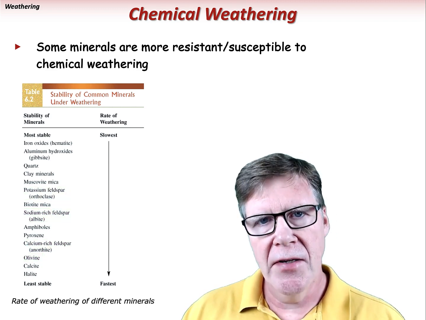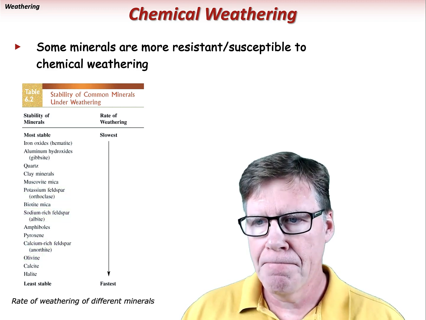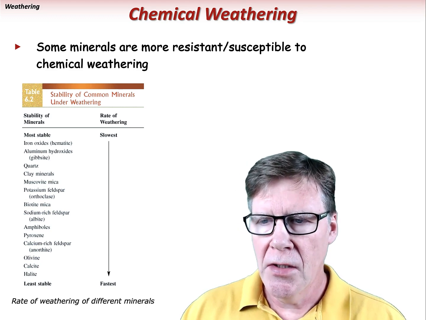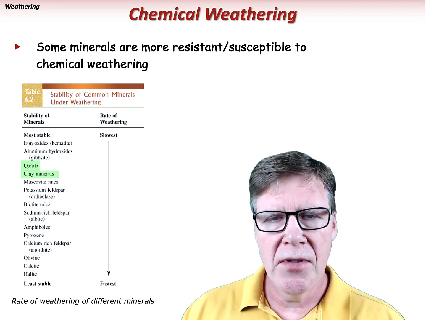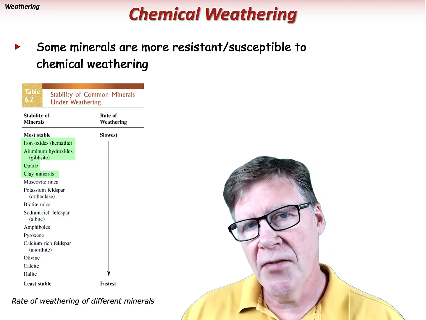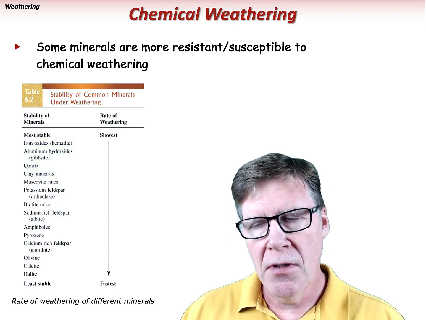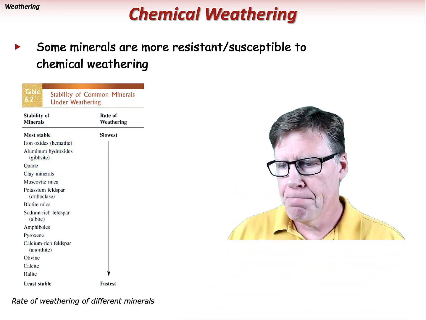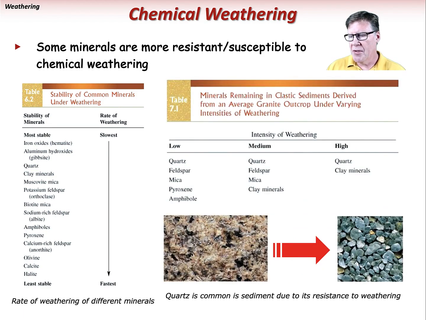Those are the minerals that typically weather the fastest. Conversely, the clay minerals and quartz, aluminum hydroxides, and iron oxides are fairly stable and weather the slowest. So these types of minerals are typically left over after weathering and are present in significant abundances in resulting sediment.